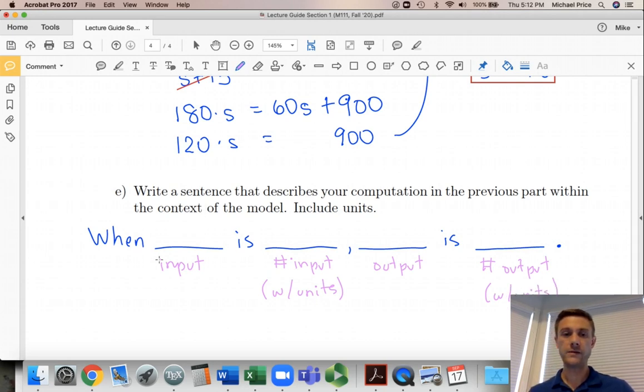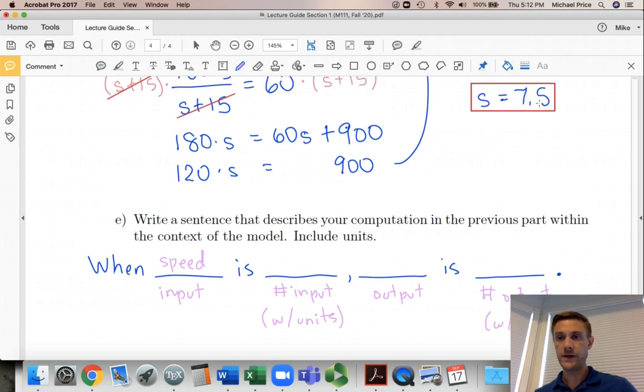So in this case, the input for this function is speed. And the speed that goes along with that, or the actual number that we picked, so there's the numerical value, is 7.5. And if I recall correctly, the units on speed were kilometers per hour. So when speed is 7.5 kilometers per hour, and then here's our output. So the output of this function was heart rate. So that's what I'm going to put in here.